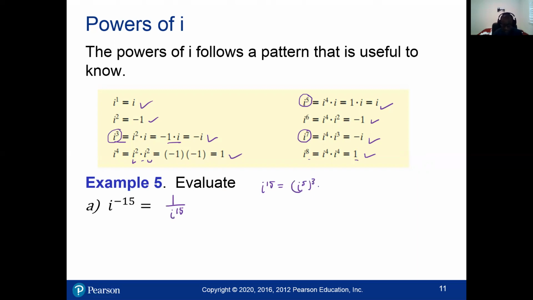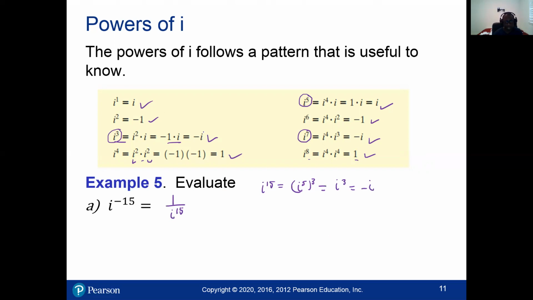Okay. So let's evaluate that. What is I to the 3rd? You guess it: it's negative I.